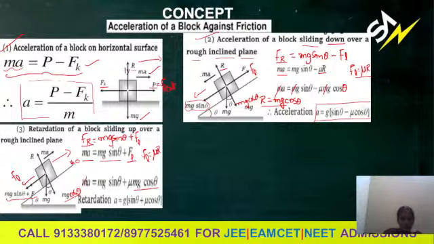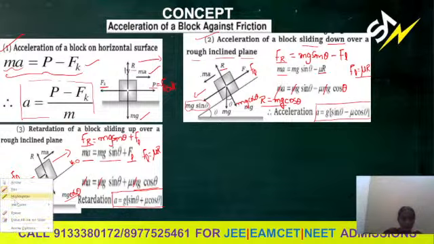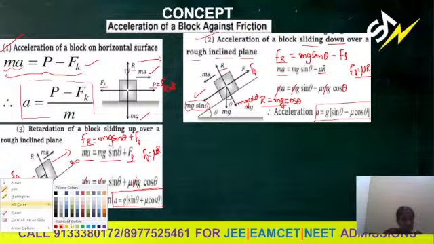From the RHS side take m common, and m on the LHS cancels. So the retardation when the block slides up over a rough inclined plane is a equals g into sin theta plus mu cos theta. Here let me analyze the situation if there is no friction.